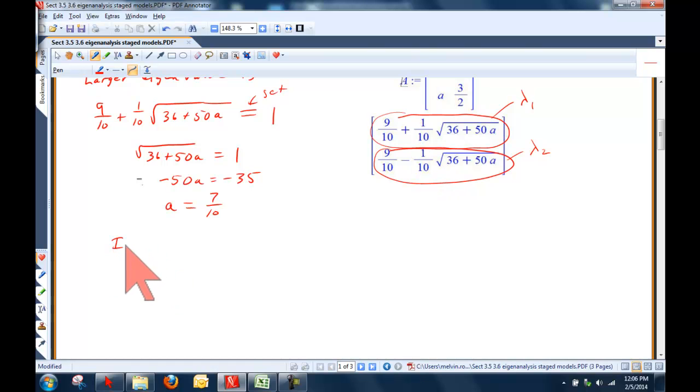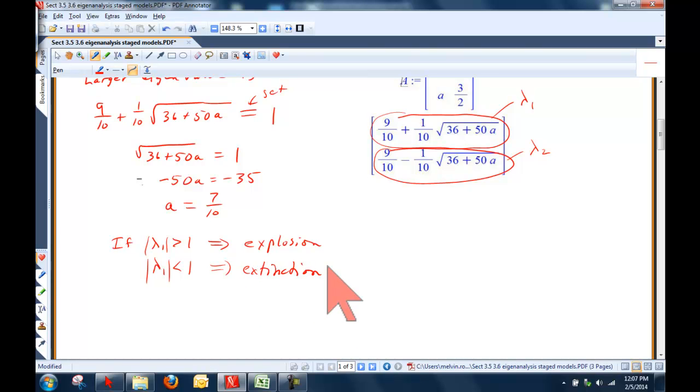So if lambda 1 is greater than 1, we get explosion. And if lambda 1 is less than 1, we should be talking about magnitudes here, we get extinction. And right at 1, we should get stability, at least in this case.